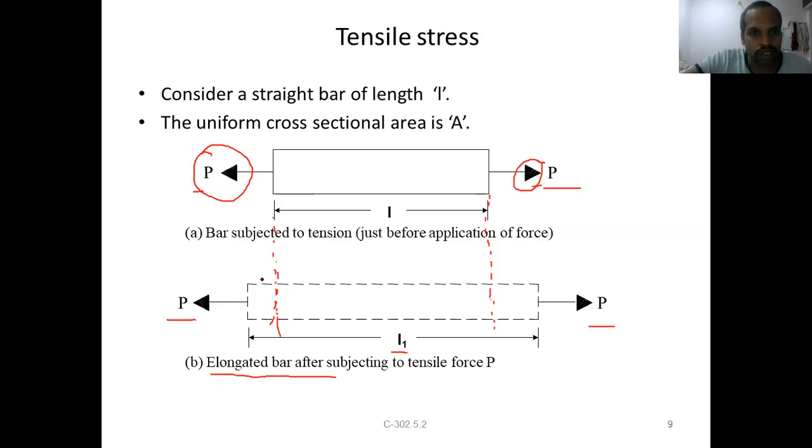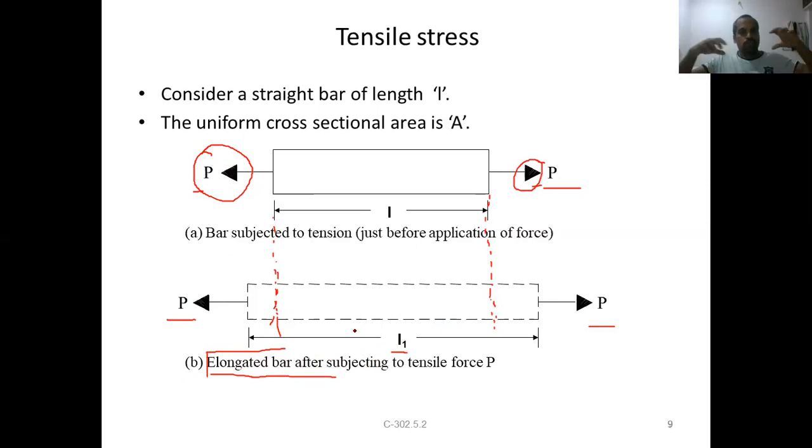So because of this tensile force, what is happening? The bar elongates. Means change in length takes place. Change in length, either compressed or elongated. It elongates due to tensile force. The member elongates, means increase in length takes place, because you are pulling with a force.